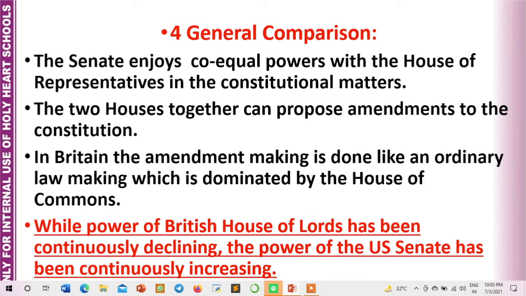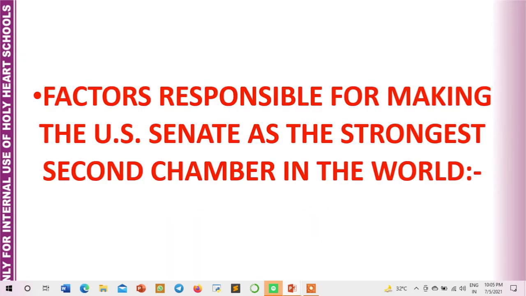While the power of the British House of Lords has been continuously declining, the power of the US Senate has been continuously increasing. If we compare the upper house of Great Britain and the US Senate, the US Senate's power is now increasing.